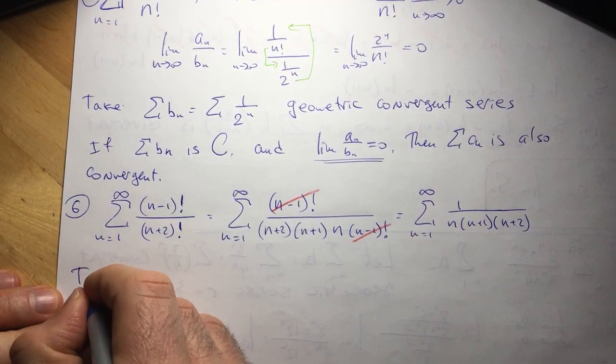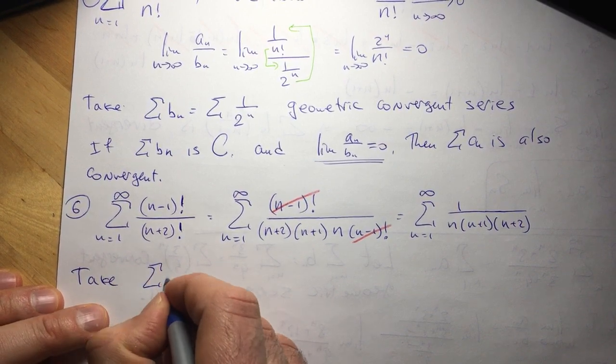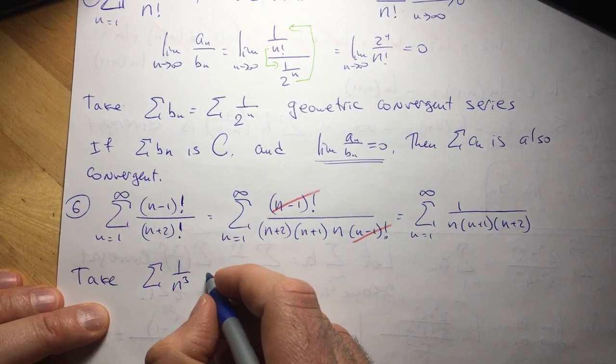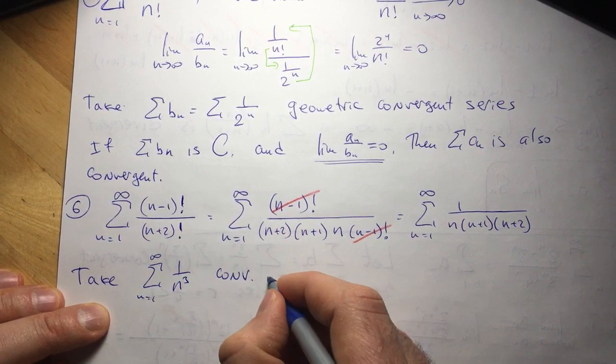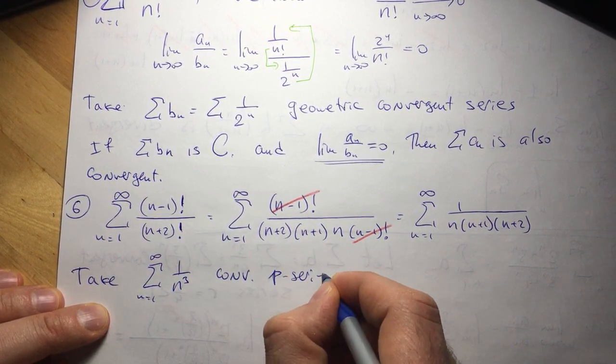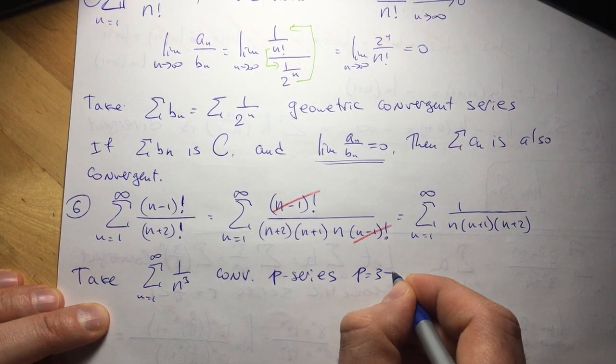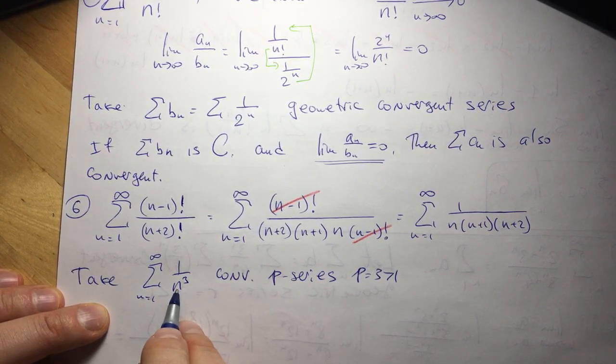Okay, so let us take sum of 1 over n to the power of 3, which is a convergent p-series with p greater than 1, p is 3 greater than 1.